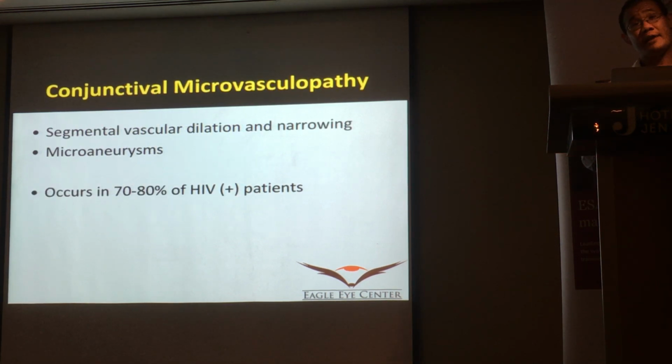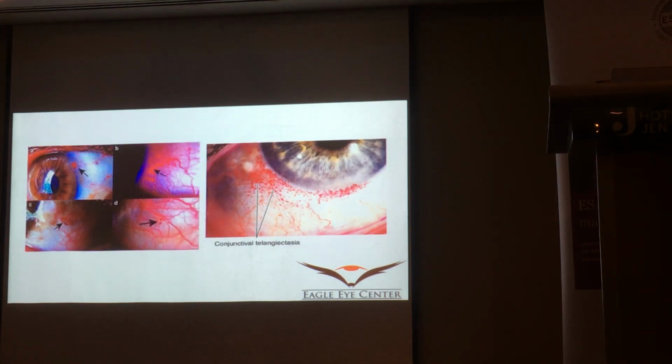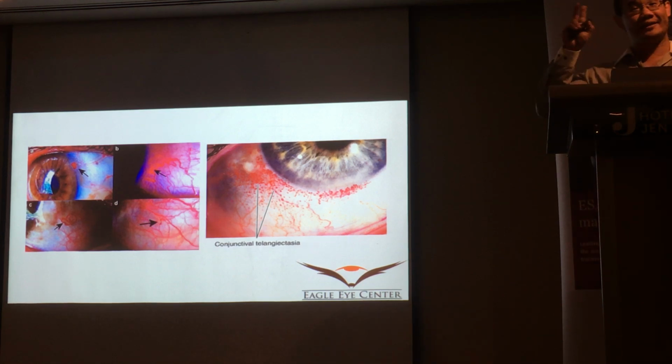They don't only occur on the retina, they can also occur on the conjunctiva, and you see them as segmental dilatation, microaneurysms of the vessels, in about 3/4 of the patients. What you see are little spots, telangiectatic, in inverted commas, vessels, and these are what they actually are, conjunctival vasculopathy. So again, it can be not uncommon.